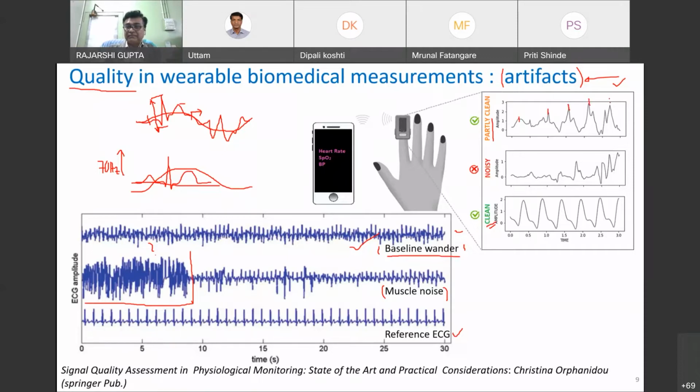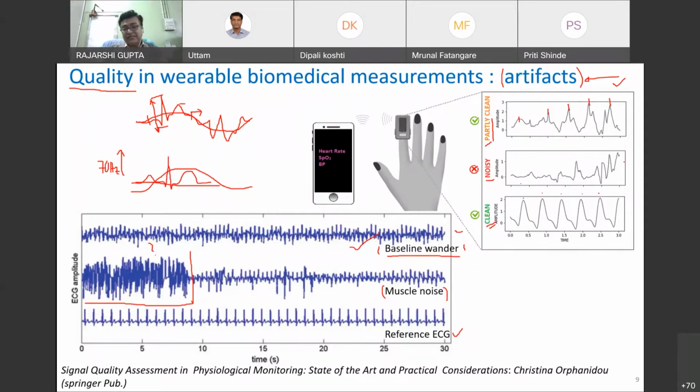I will come to this point later on, about how to define a diagnostic quality measurement and a basic quality measurement. In the case of partly clean, the criterion is that at least you can detect one fiducial point, which in this case is the systolic peak. In the noisy signal, you cannot assess anything. The full signal is corrupted.